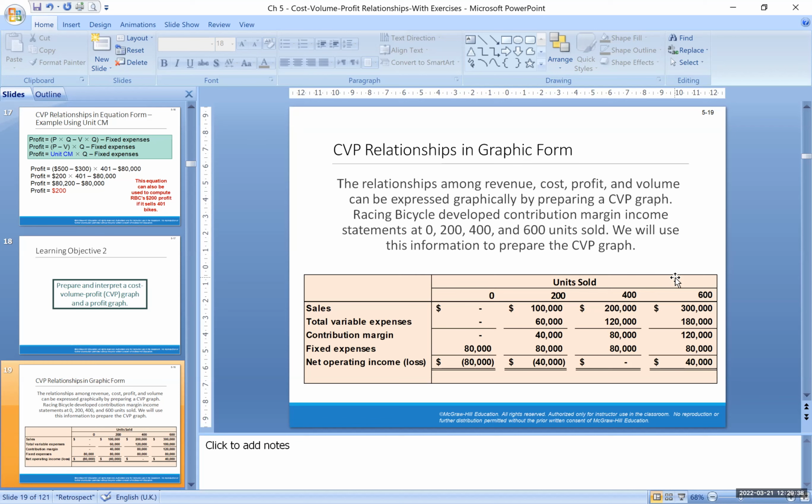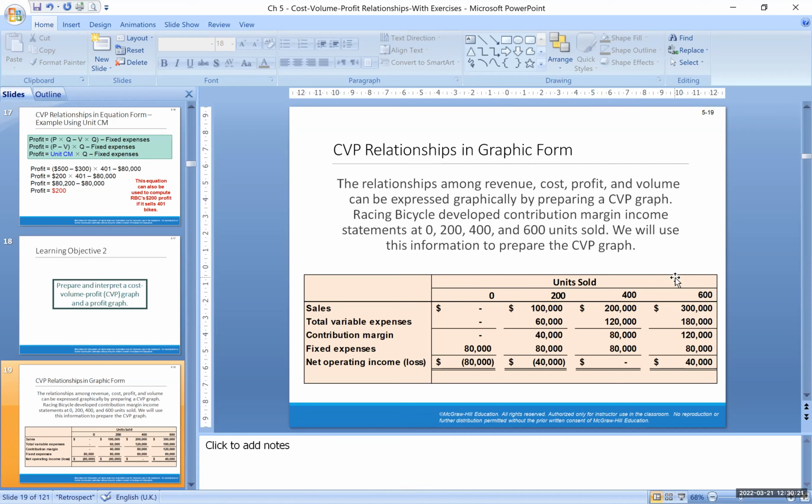The second income statement, if we sell only 200 units: 200 multiplied by the selling price per unit, which is $500. So 200 units times $500 equals $100,000 sales volume. Similarly, the 200 units multiplied by $300 as the variable cost per unit equals $60,000.